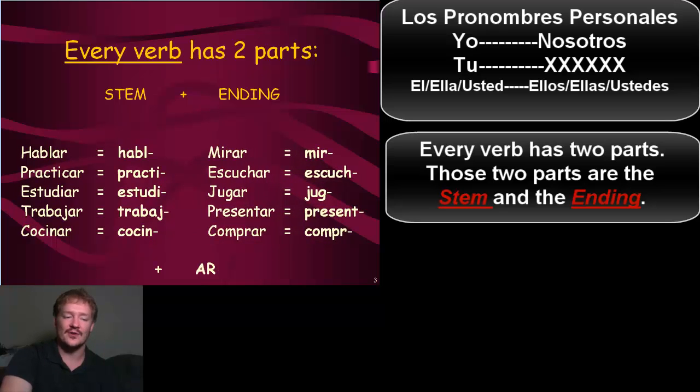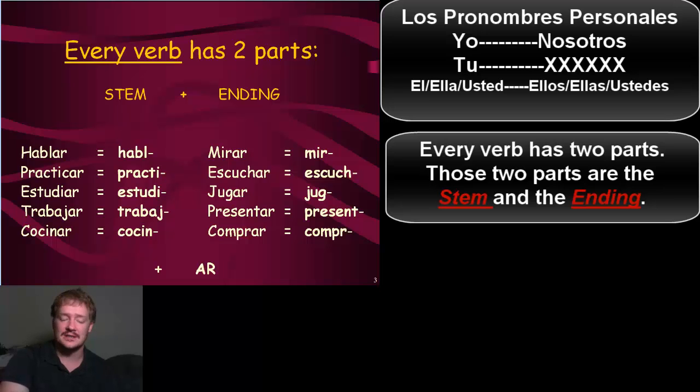So if I show you these verbs: hablar, practicar, estudiar, trabajar, cocinar, mirar, escuchar, jugar, presentar, and comprar.